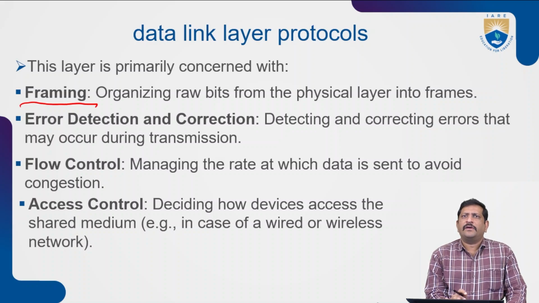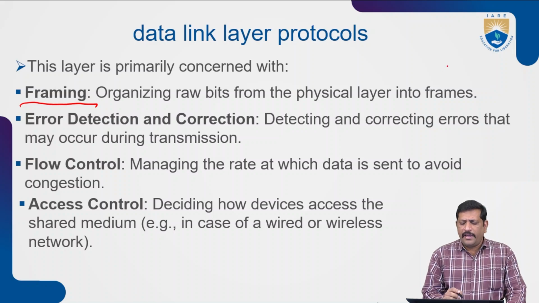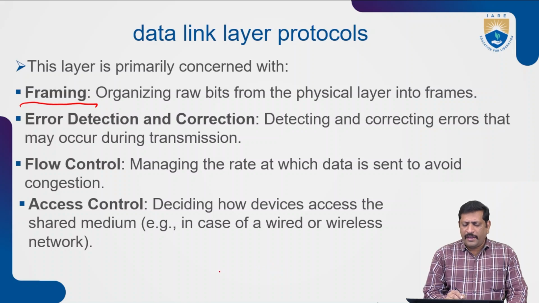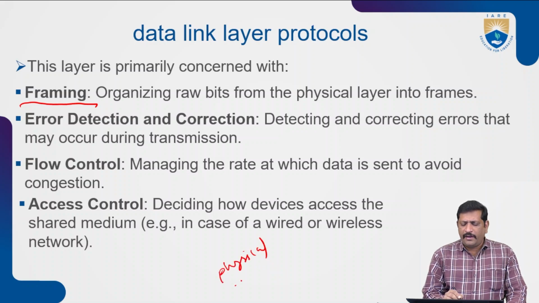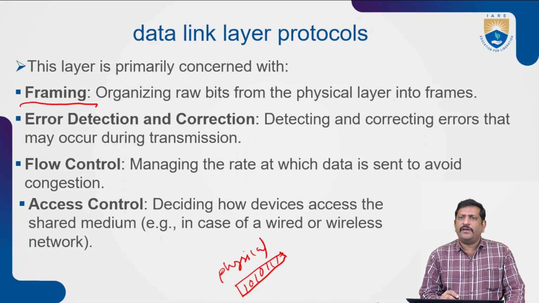Framing means raw bits from the physical layer are arranged into data frames. The physical layer transfers raw data in the form of bits, 1 0 1 0 1 1 1.